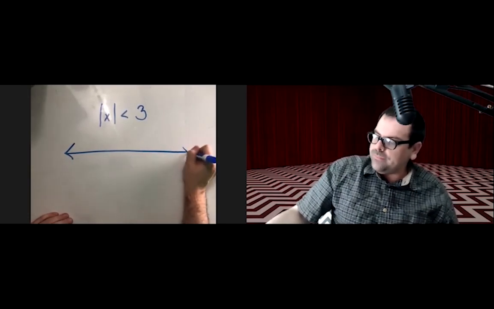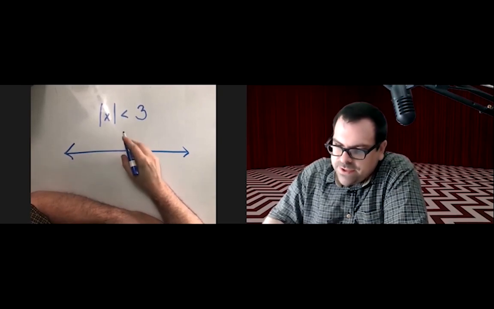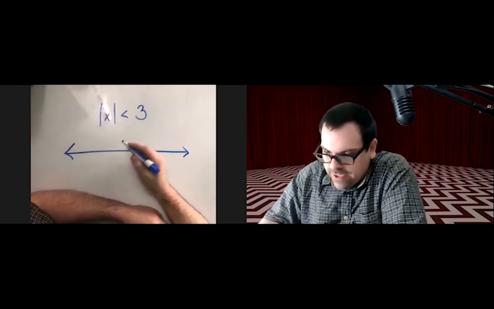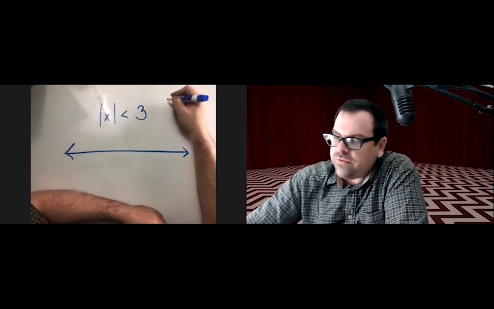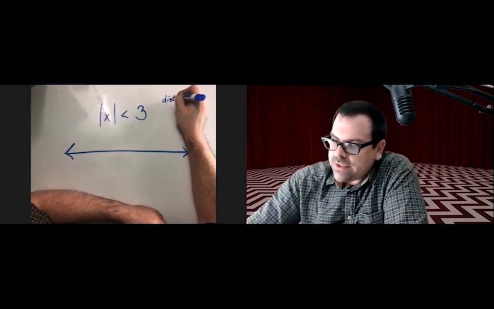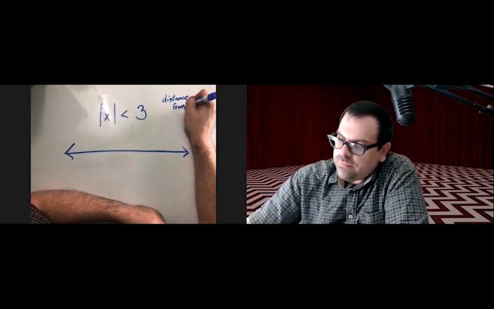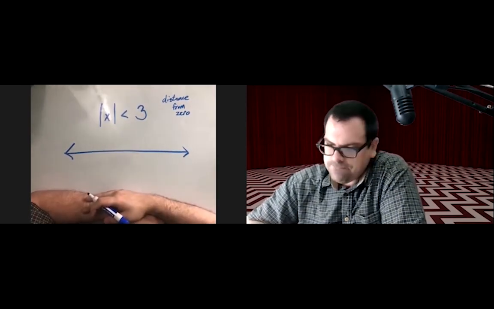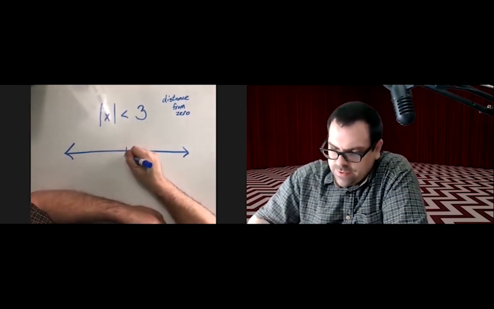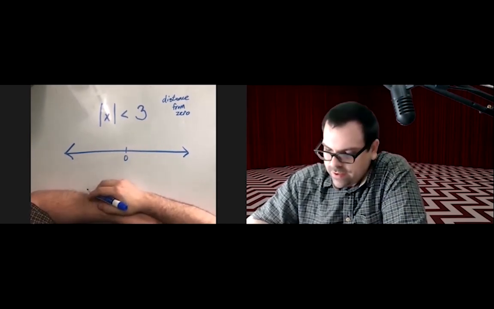On a number line, the absolute value being less than 3 would mean, what is absolute value? Distance from 0. So the distance from 0 is less than 3.